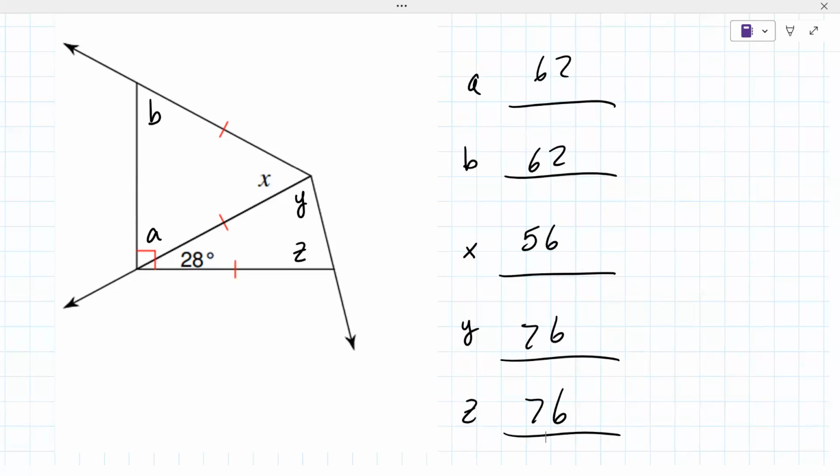Okay, let's go back to parallel lines, kind of.